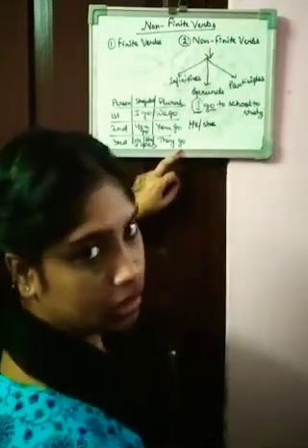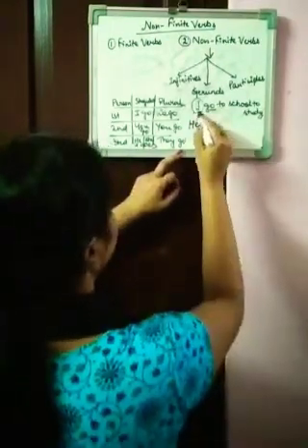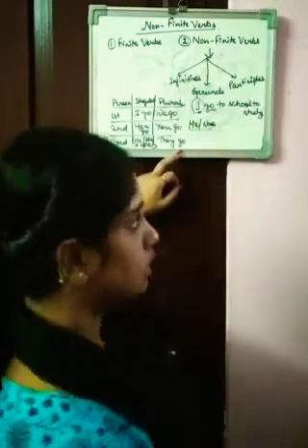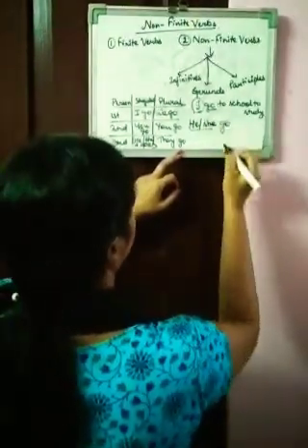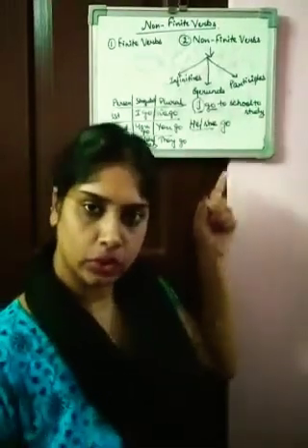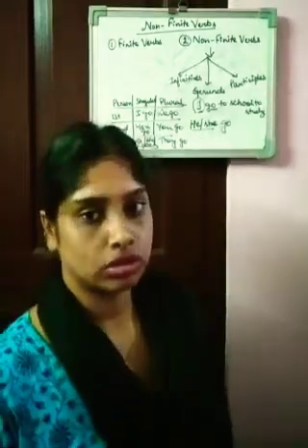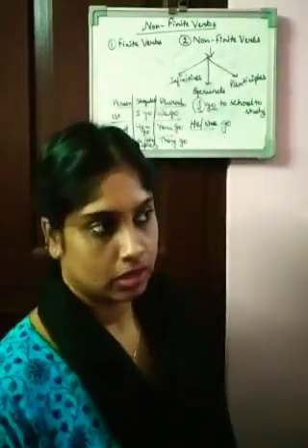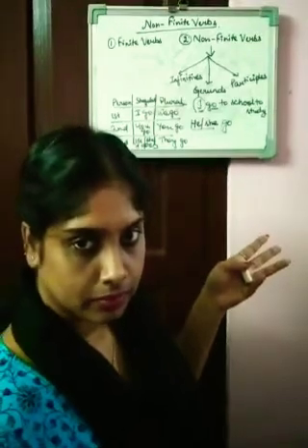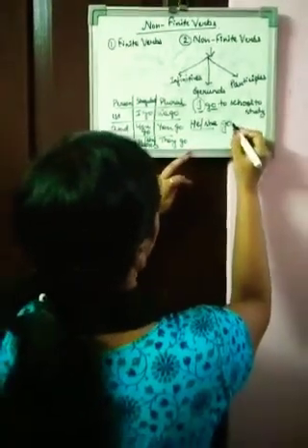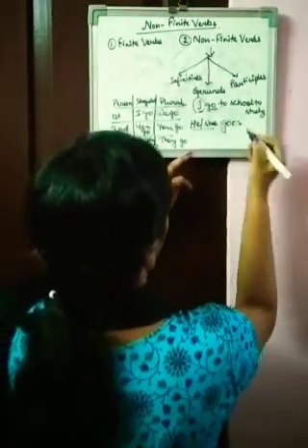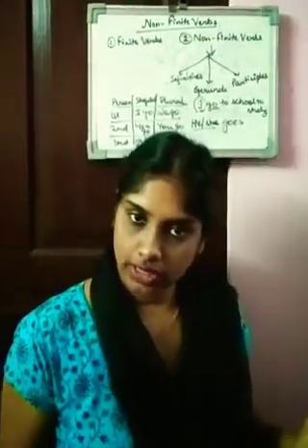If we change this subject to he or she, will this verb remain the same? No, it won't. Then we have to change this, so it will change to goes. We all know that.